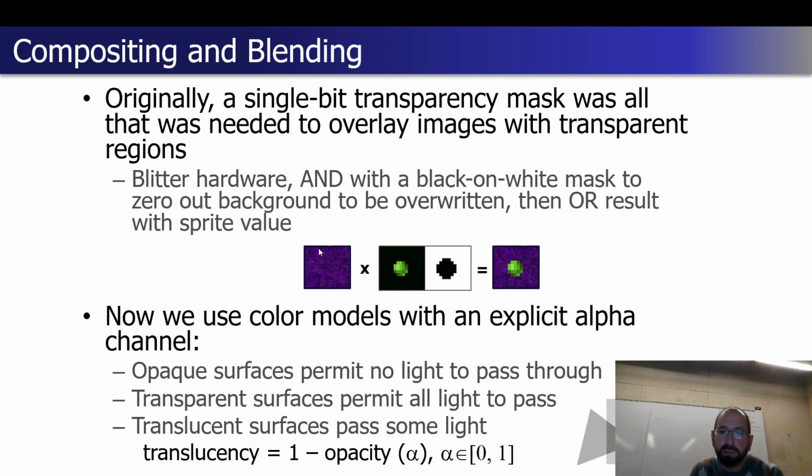So you would first AND the background with the black on white mask of our transparency mask here. I don't show the intermediate step, unfortunately. You would first AND it to show this basically with a hole inside it, and then you would just OR the result with the actual sprite value we'd be interested in.